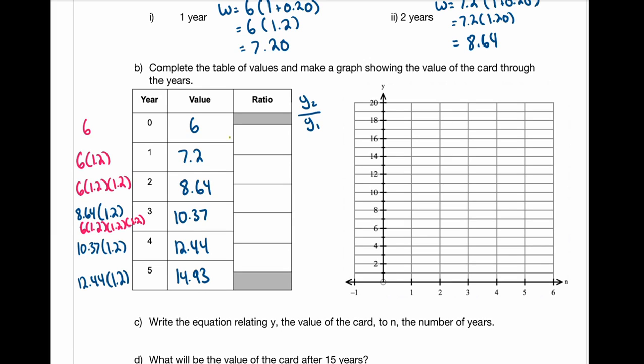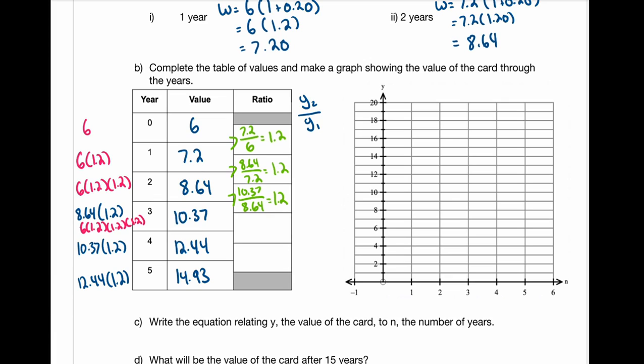So if I look at my chart, 7.2 divided by 6 equals 1.2. 8.64 divided by 7.2 equals 1.2. 10.37 divided by 8.64 equals 1.2.